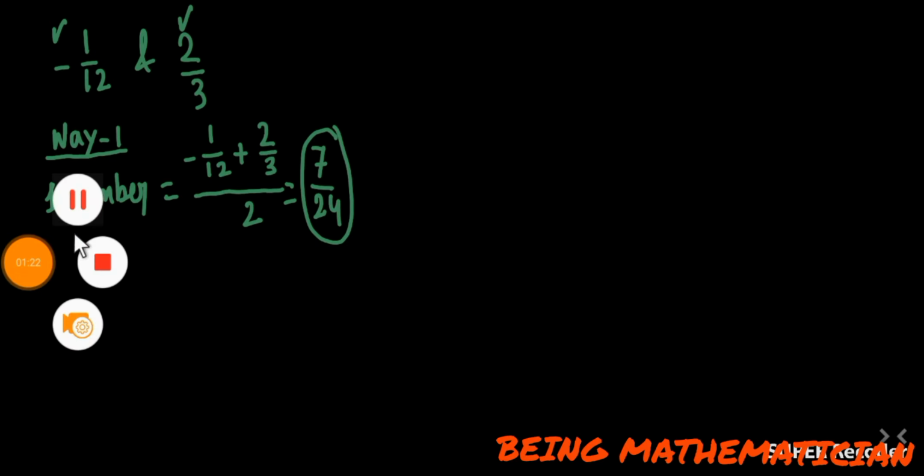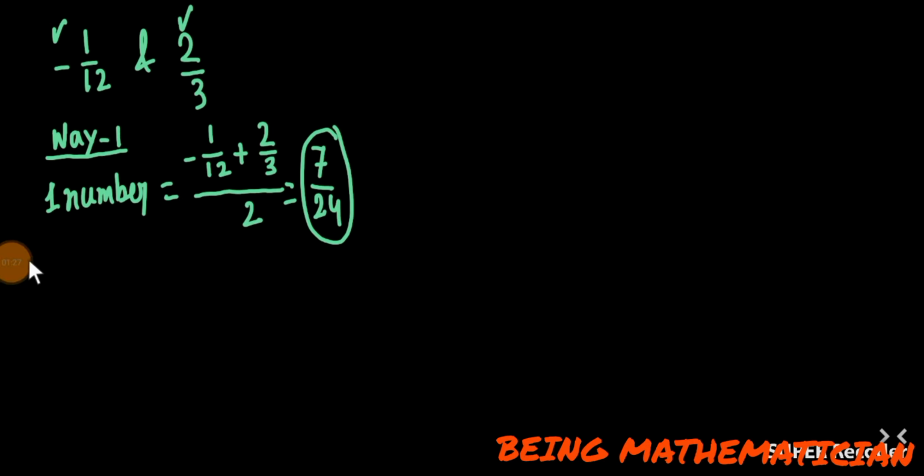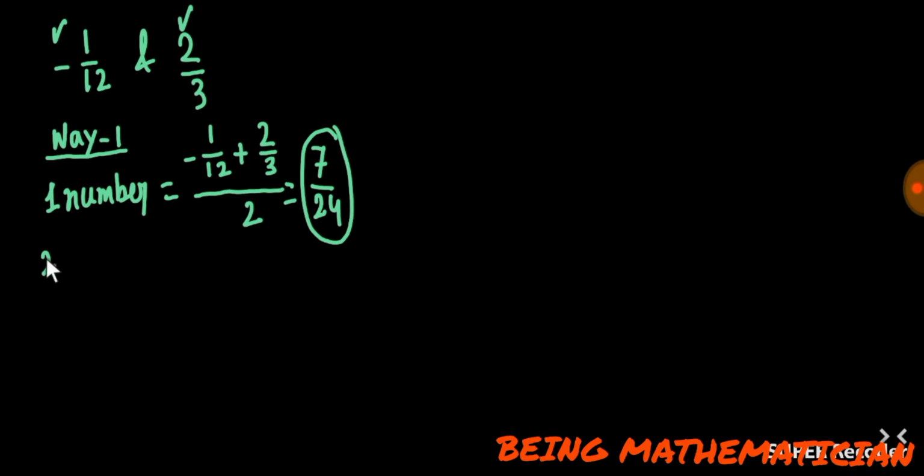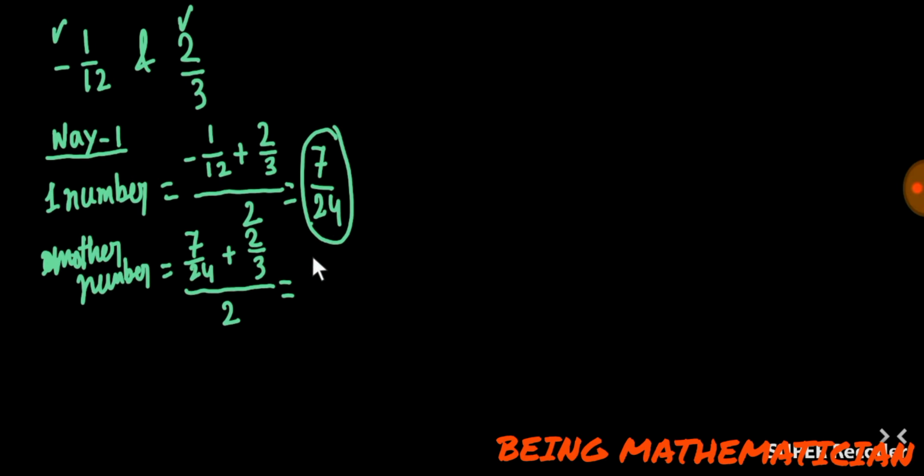Second number, another number. In the same way, adding 7 by 24 plus 2 by 3, you can also choose minus 1 by 12, there is no problem in that, and dividing by 2, we will get another rational number, that is 23 by 48, which is between minus 1 by 12 and 2 by 3.